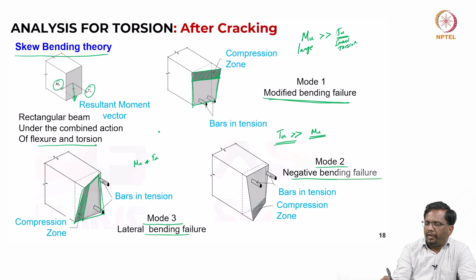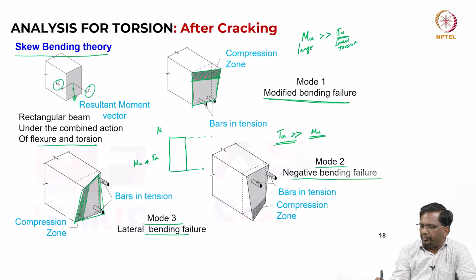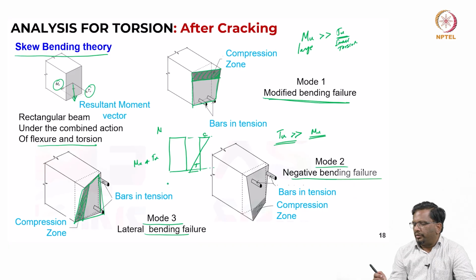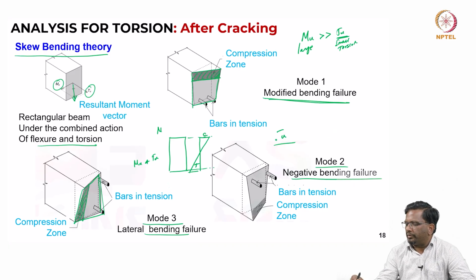For a section that is subjected to bending, what kind of strain distribution do we say? Let us say you are going to have it like this, right. We have studied, let us say this is compression, this is tension. Now, for a section that is subjected to torsion, I am going to have, maybe I will write it here, tension everywhere.